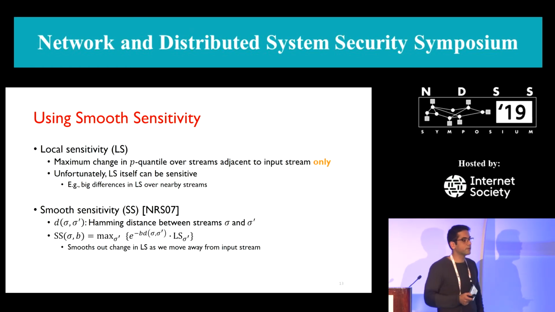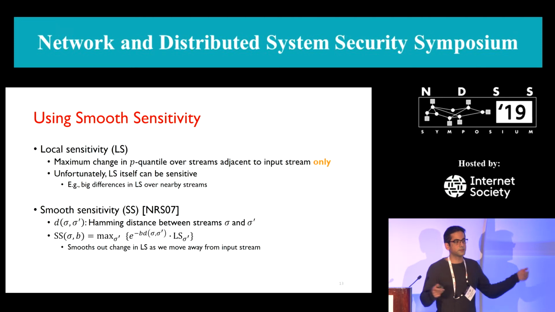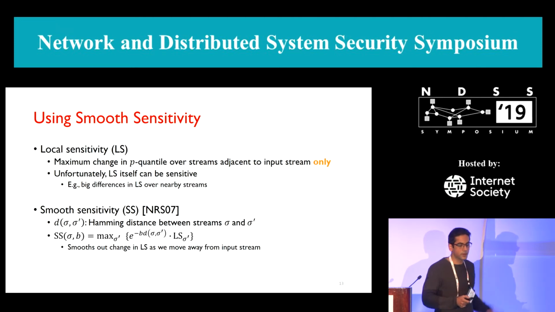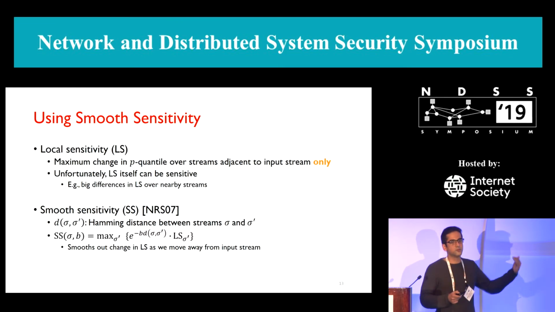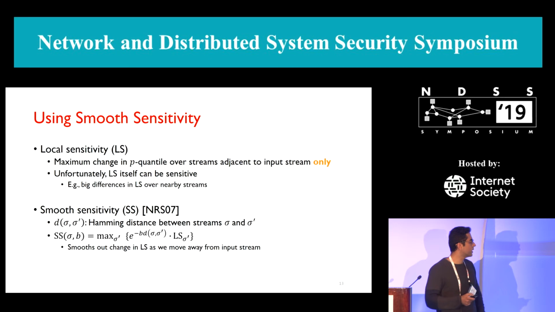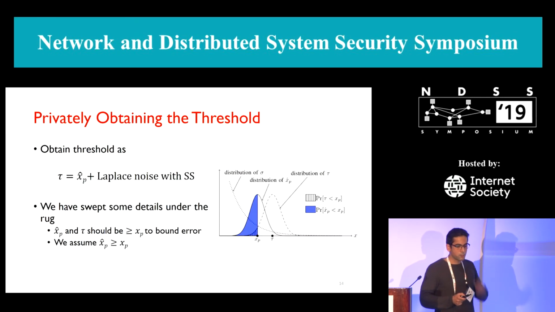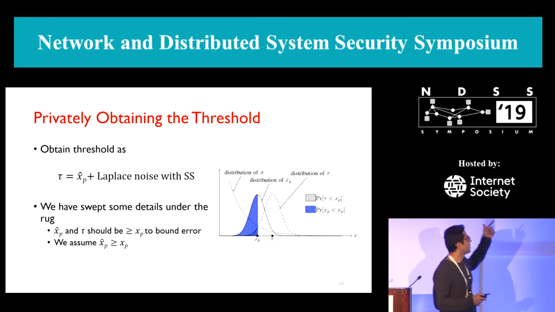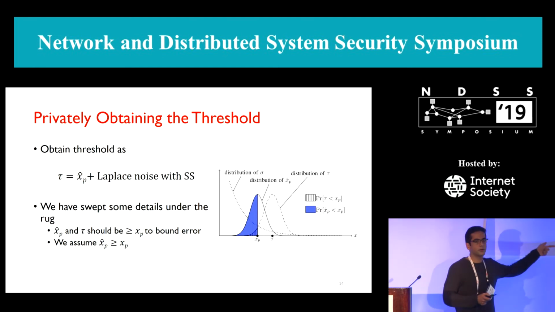Unfortunately, local sensitivity itself could be highly sensitive, which means it could have big differences in adjacent or nearby streams. So instead of that, we use smooth sensitivity, which basically smooths out this local sensitivity as we go away from the input stream. So in summary, we will use the empirical p-Quantile and add Laplace noise with smooth sensitivity.